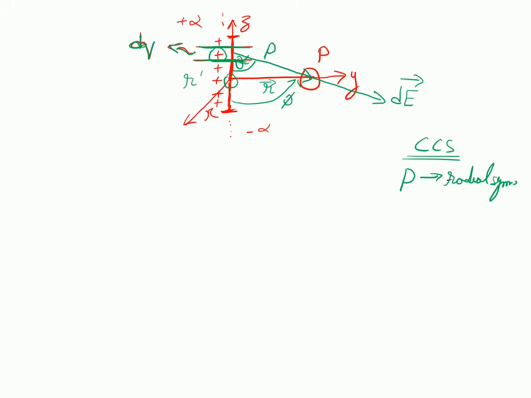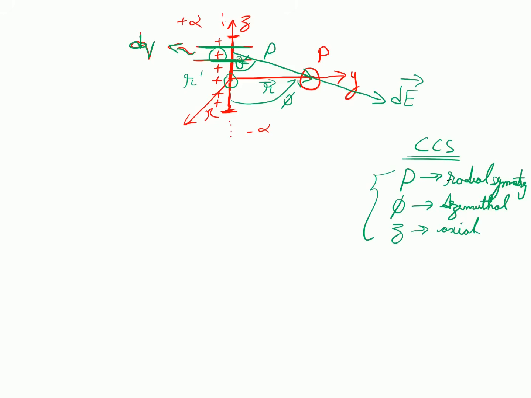If the object is moving along the azimuthal axis, we say this is azimuthal symmetry, and if we are moving along the z-axis, we say it is the axial symmetry. So in all of these 3 symmetries, we want to see which symmetry is not affecting the electric field.